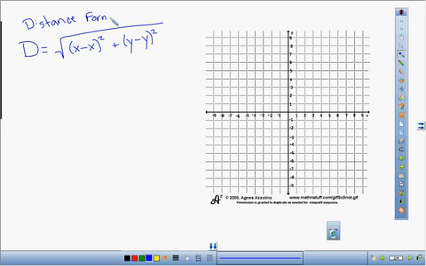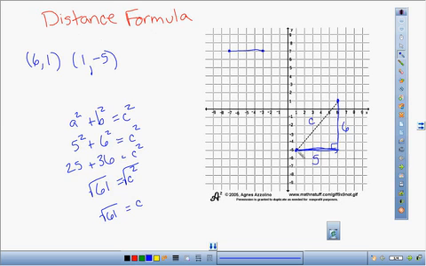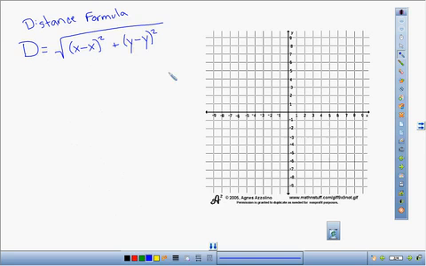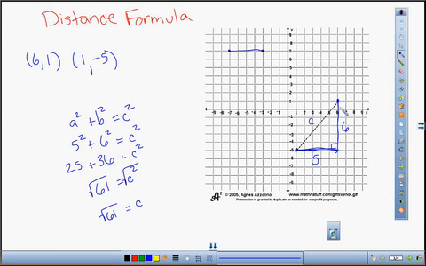However, just be aware that it's doing exactly what we did on the last page. X minus x, all that's doing is giving me how far apart are these 2 points side to side. That's this side. The y minus y is doing the same thing. It's giving us that distance between the 2 points going up and down. It's giving us this side of the triangle.